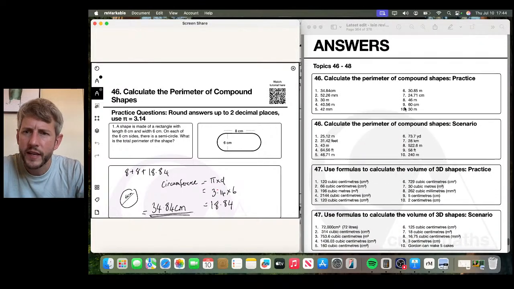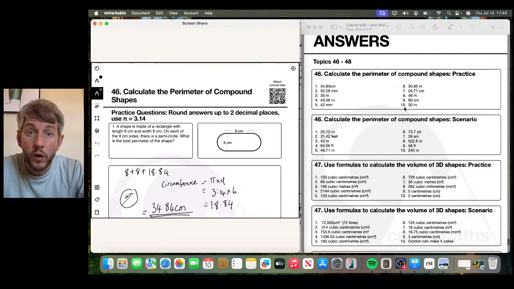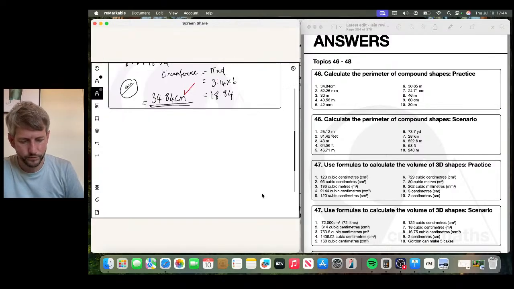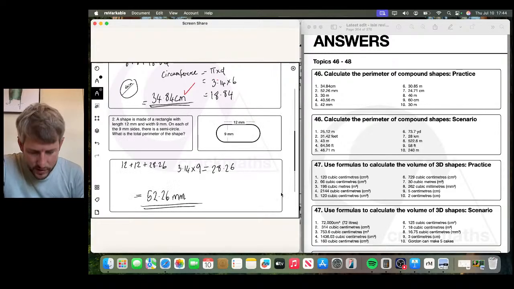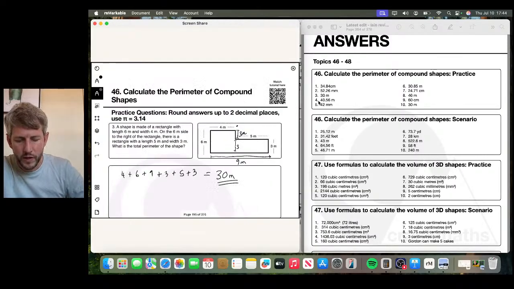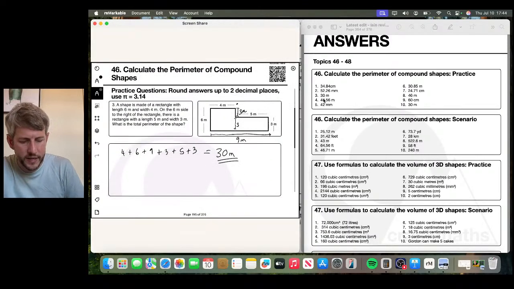Right, so 46, question 1 is 34.84. Excellent. And then question 2, we've got 52.26. That agrees as well. Question 3, we've got 30.